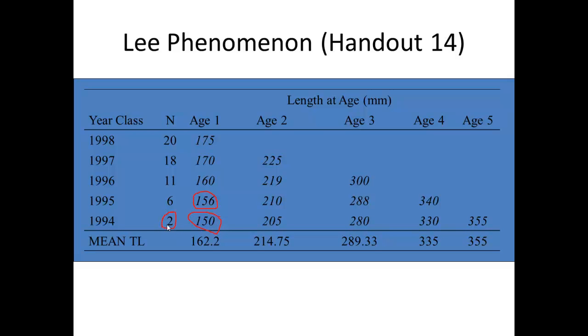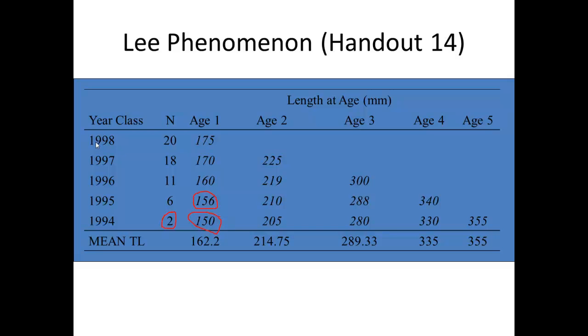They're probably slow-growing fish. These fish were, on average, only 150 millimeters when they were age 1. Now, if I went back in time to 1995, when those fish actually were age 1, this number would be a lot higher because a lot of those fast-growing fish would still be in the population.